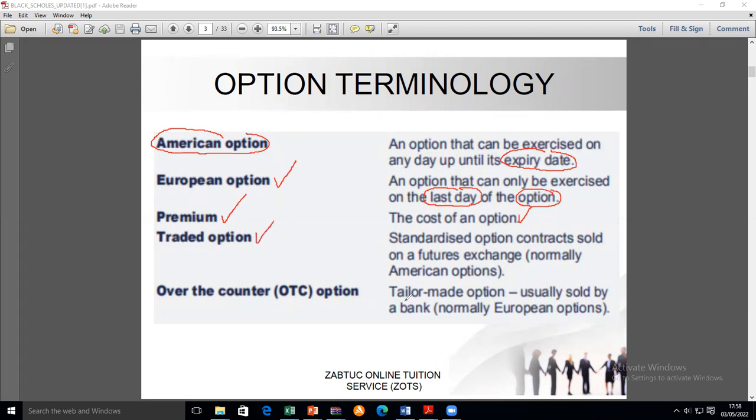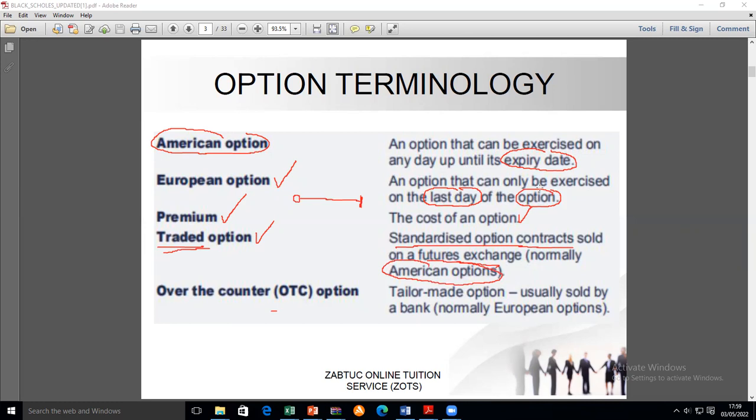We discussed in the last 2 days that you've got the traded option. These are standardized options, contracts sold on a futures exchange, meaning that they give you a period of time over which you can exercise them.